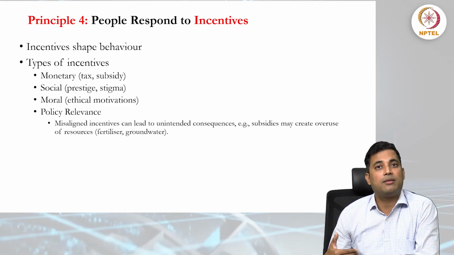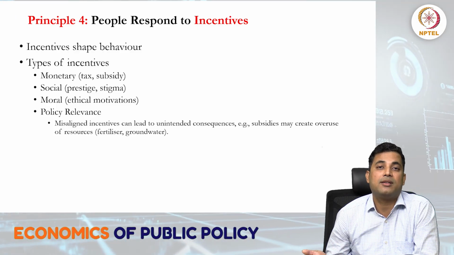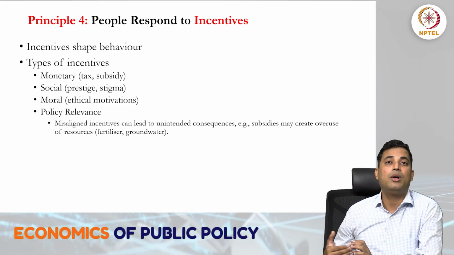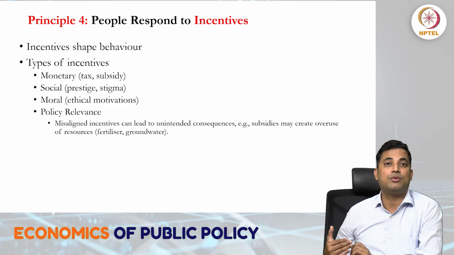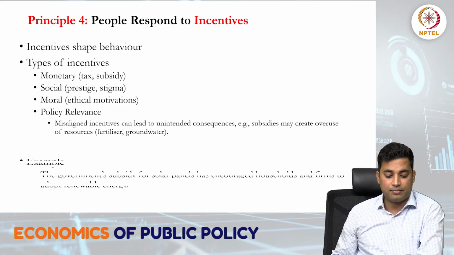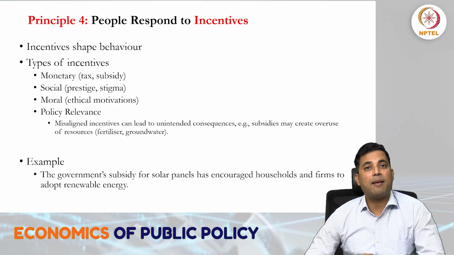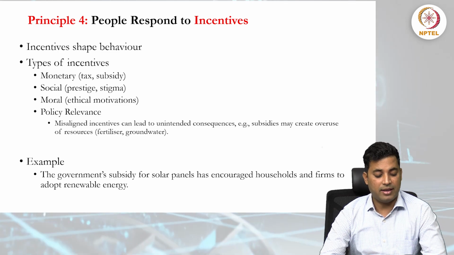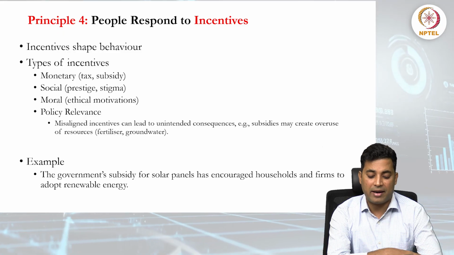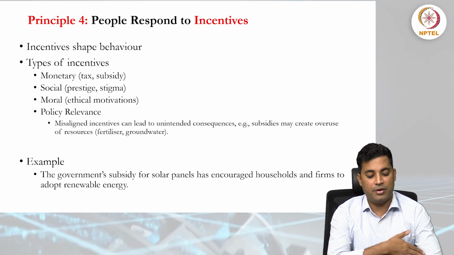So when we think that people respond to incentives, it is also important to understand how one needs to take incentives very carefully in terms of policy relevance. One more example that comes to my mind in this context is government subsidy on solar panels, which encouraged households and farms to adopt renewable energy.